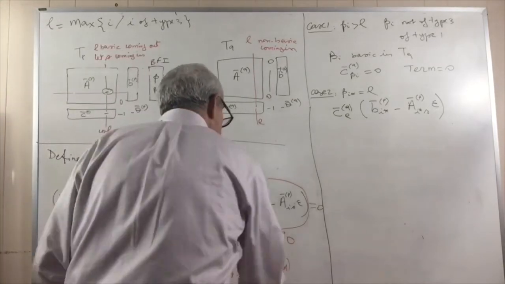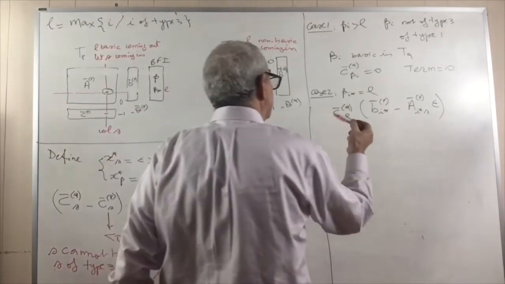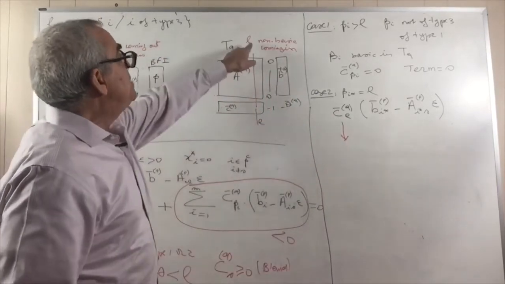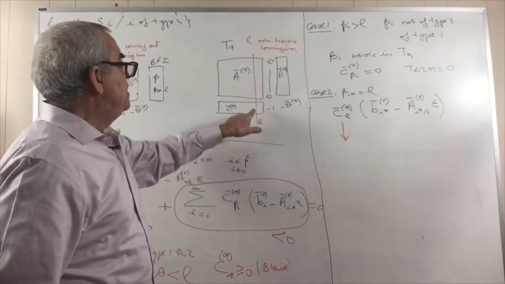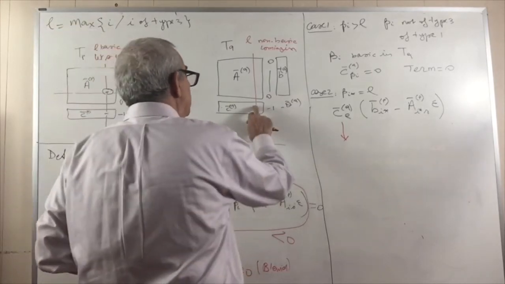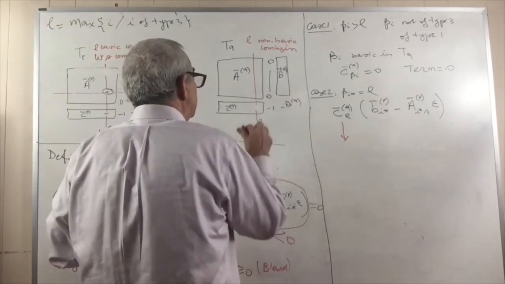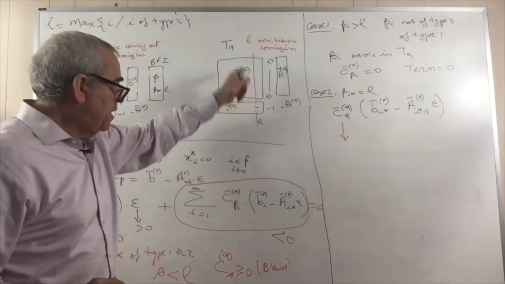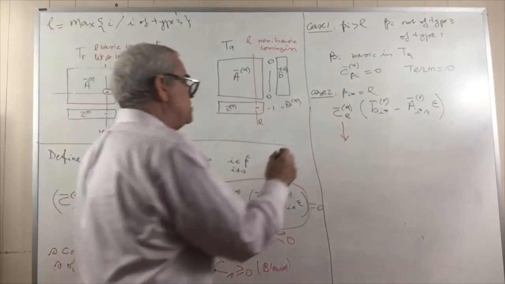Now, this term here, L is coming in the basis, right? So therefore, the coefficient here is negative, right? We only pivot on a column for which C bar is negative. So this is negative.